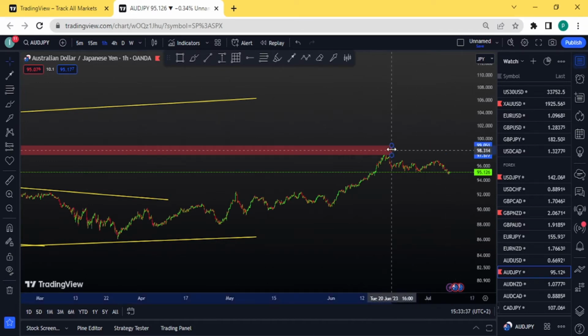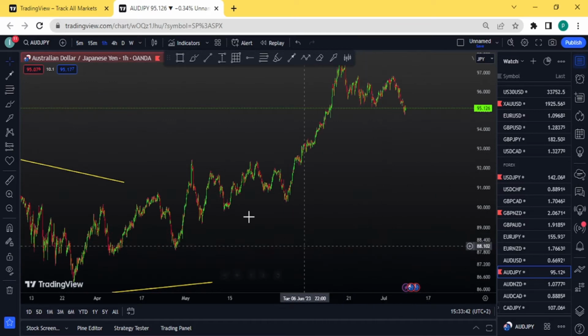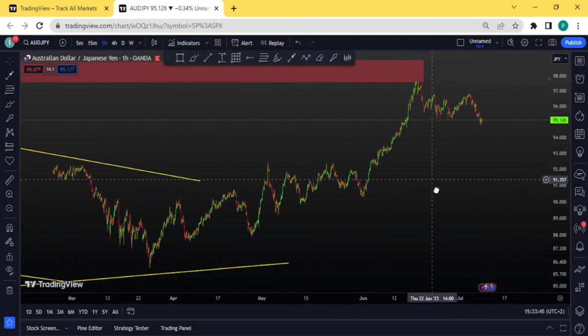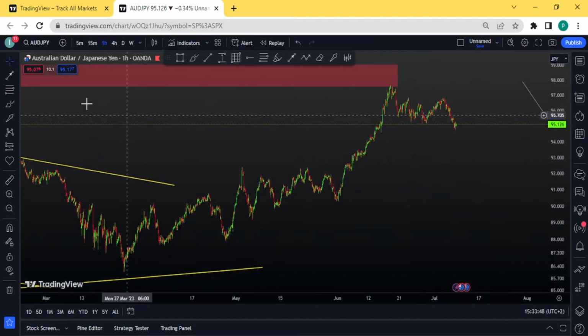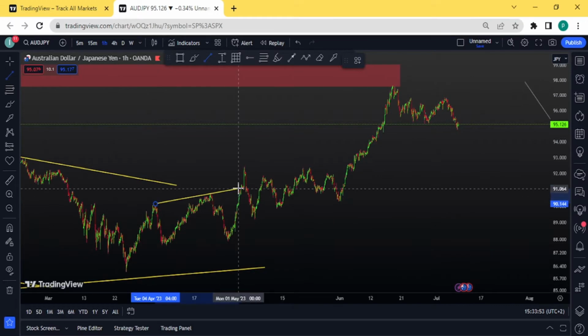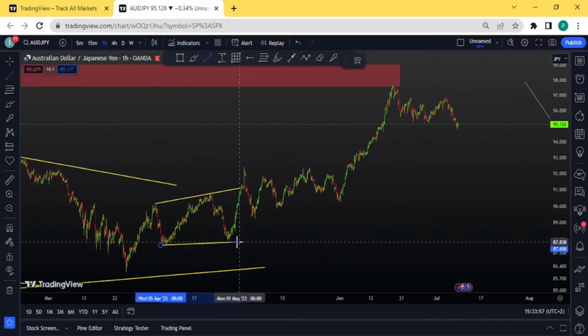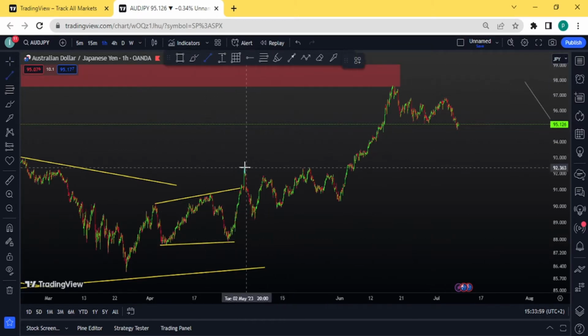As you can see, this red zone here is what? It's my daily supply. So in this case, I'm going to mark my 1 hour structure. I'm having something like this. Here, see.